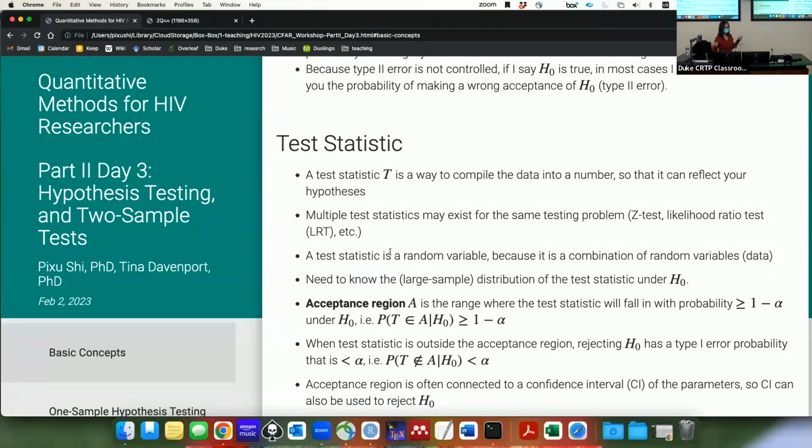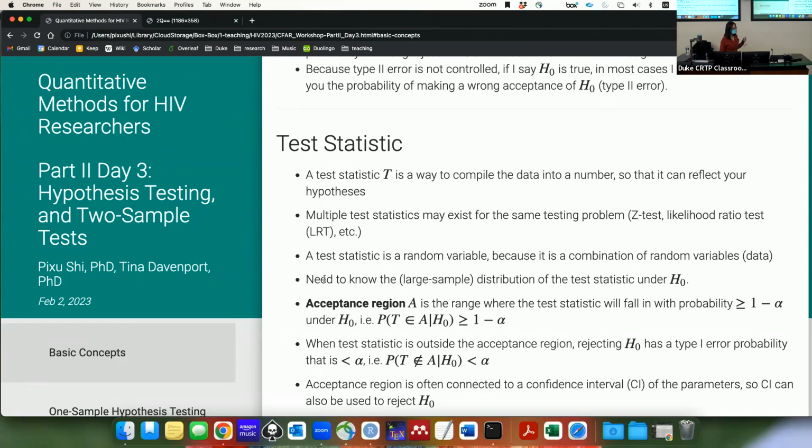So that's the randomness involved there. And in order to know whether 2 is too large to reject or too small to reject, you need to know by resampling your patients how this number is going to change. What is going to be the distribution of this mean? And you will be able to know whether 2 is too large or too small.